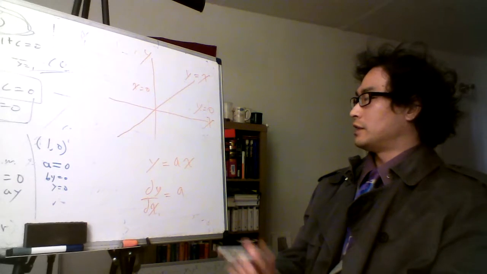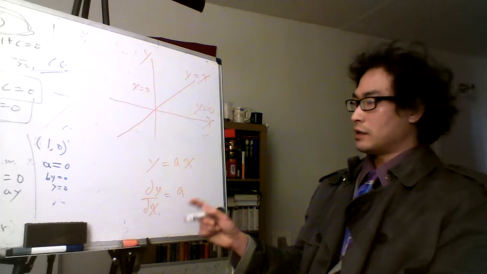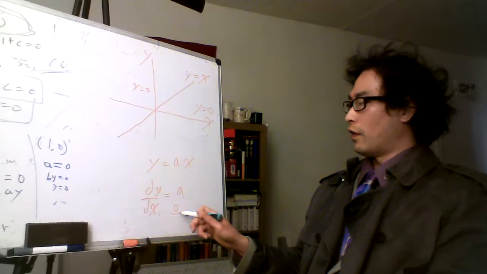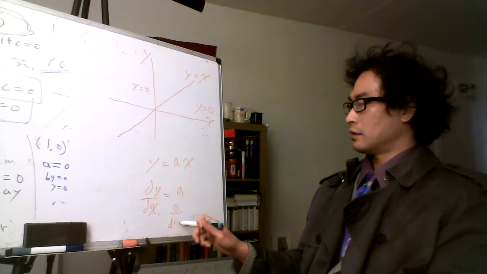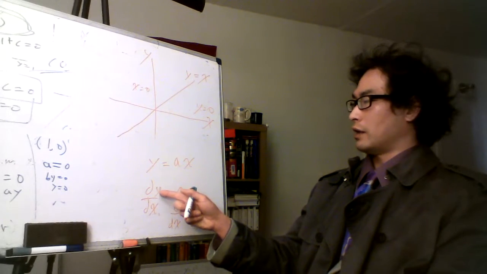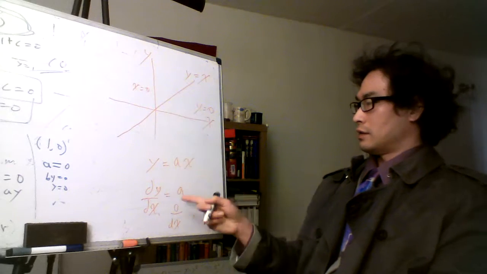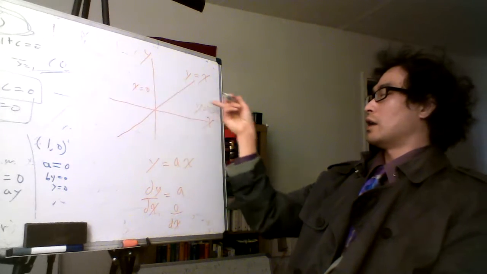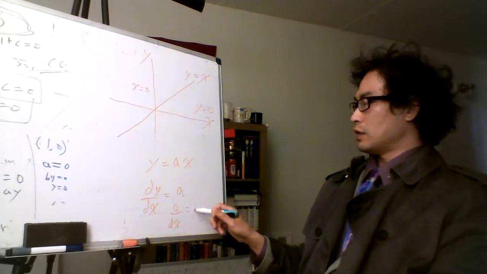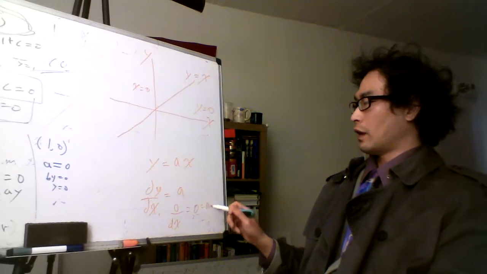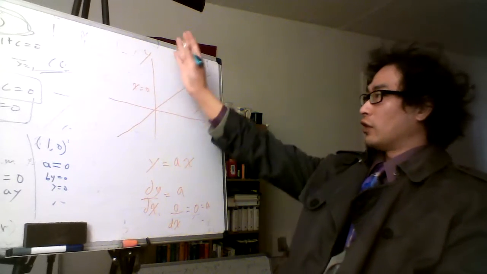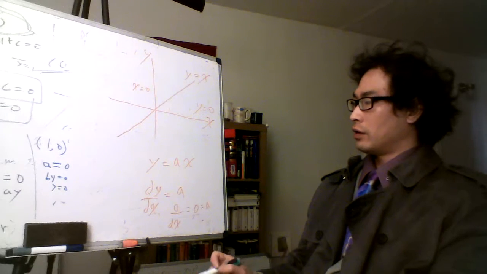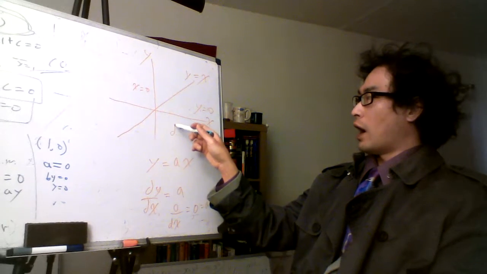What if dy is 0? That is easy, okay? 0 over dx, delta y is 0 because it's like a horizontal line, so 0 is equal to a. But what if this is a vertical line?